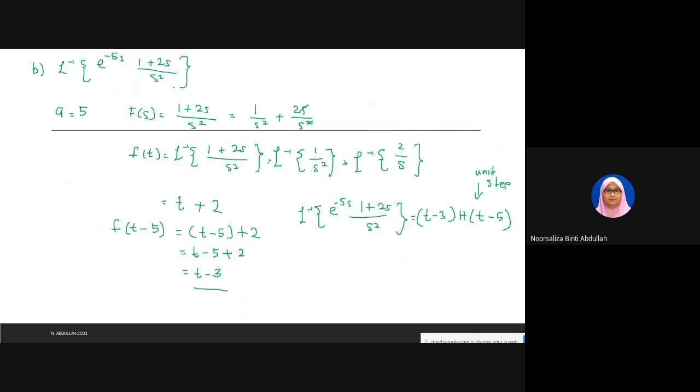So you have G1 plus G2 minus G1 HT minus A. Okay. So what is G1? Apa nilai G1? You compare with this one. So what is G1?